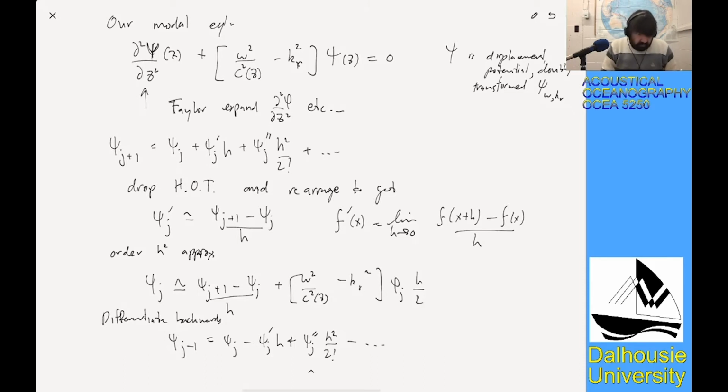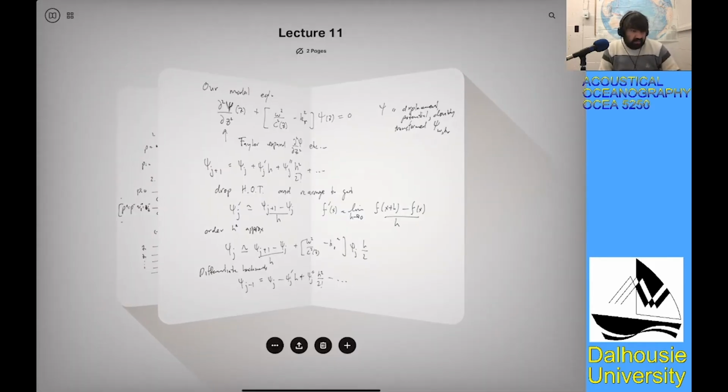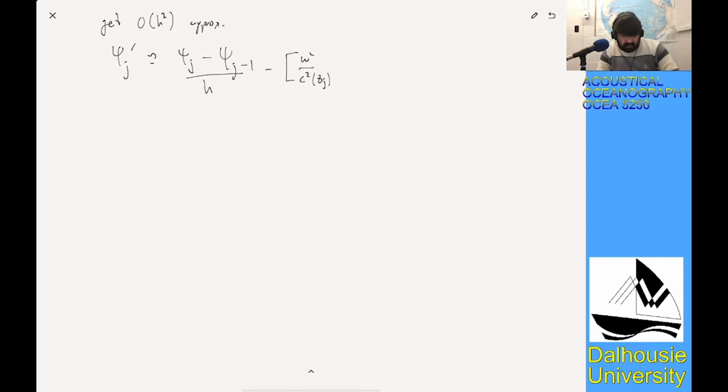And by the same logic of combining the two, we get order h squared, psi j minus psi j minus 1 over h, omega squared over c squared at that layer j, minus kr squared, times h over 2.